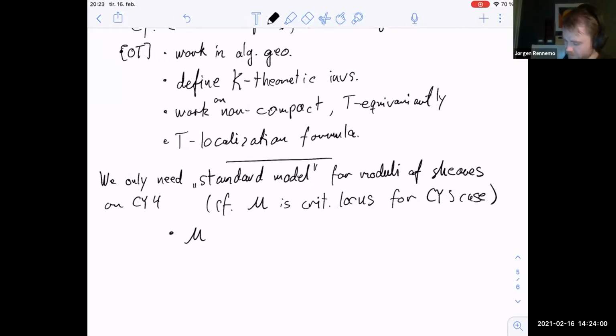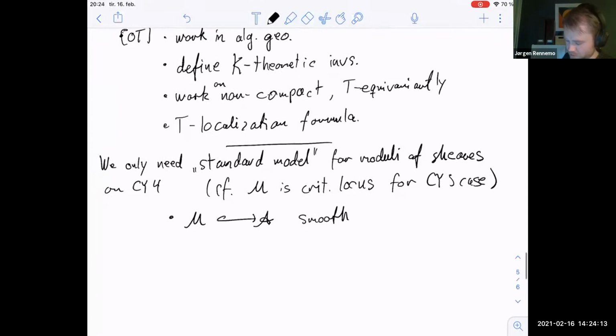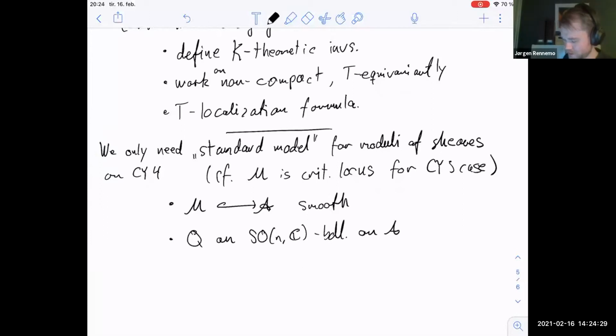The standard model is to say you take your moduli space M and you embed it in some ambient space A, where A is smooth. You introduce a bundle Q, an SO(m) bundle on A, which we want to think of as a vector bundle with a quadratic form.